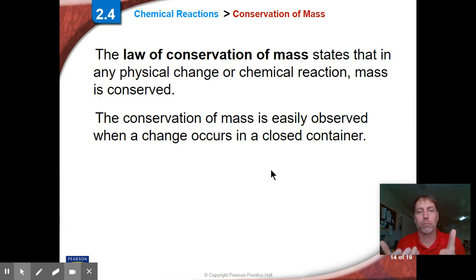So if you put a balloon over that container, some way to contain the gas that's formed, and you weigh everything beforehand, including your balloon, and then weigh it all when you're done, with the gas saved in the balloon, they should weigh exactly the same.